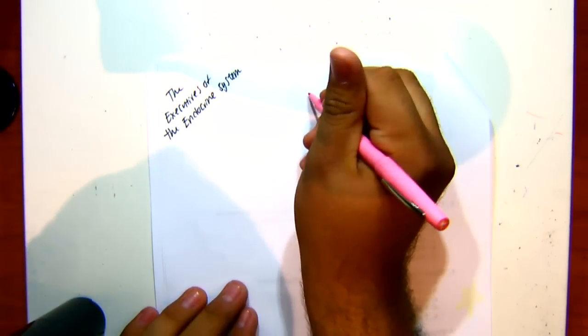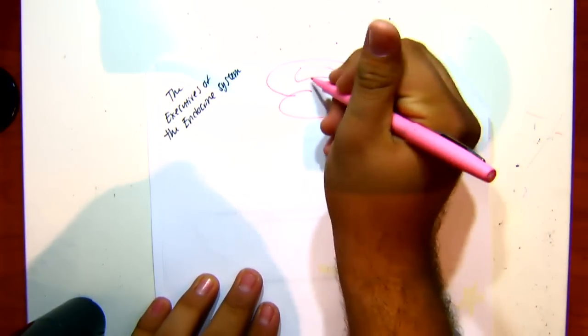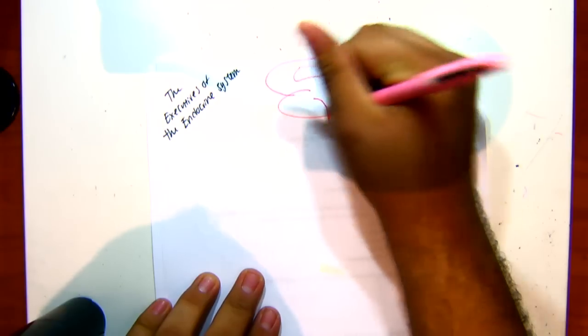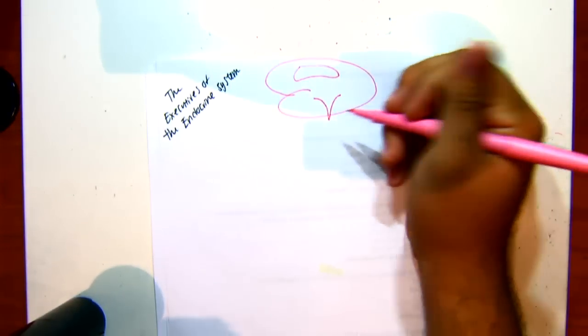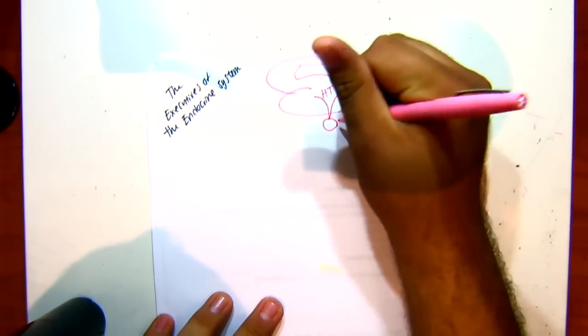So this is our brain, right? We have our corpus callosum. And down here we have our hypothalamus. And then hanging off of the infundibulum, or pituitary stalk, we have the pituitary gland.